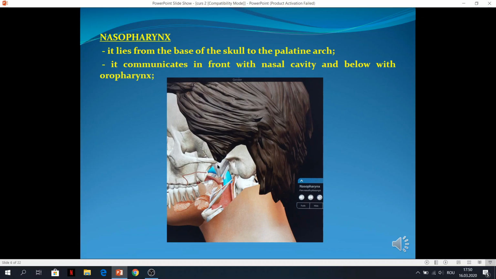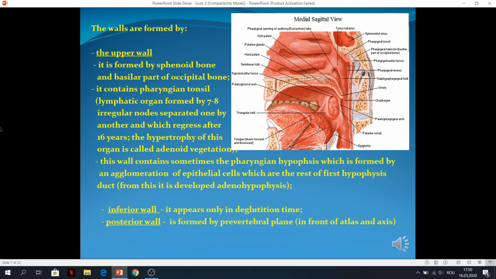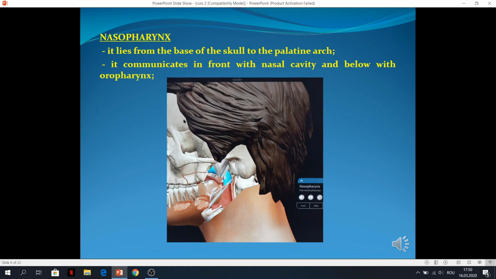So the upper wall of the nasopharynx is the base of the skull, and the inferior limit is not a real wall. Actually, we have a real wall just at deglutition time. Otherwise, it's an imaginary line which passes through the palatine arch or soft palate right here. So this nasopharynx communicates with the nose in front, and inferiorly communicates with the oropharynx.